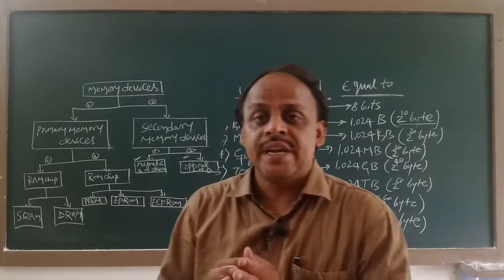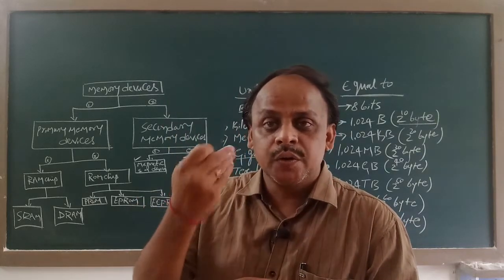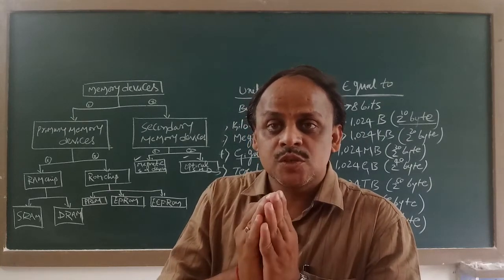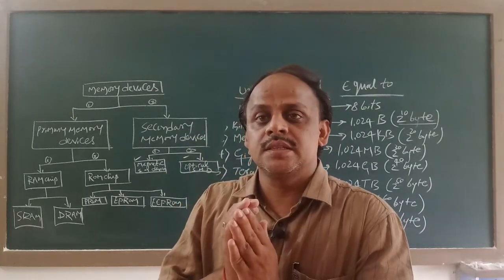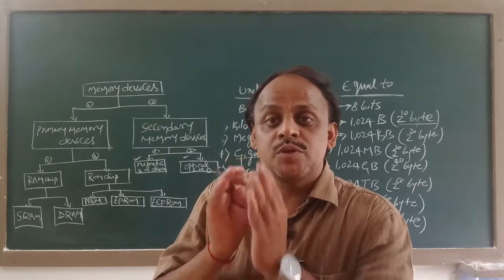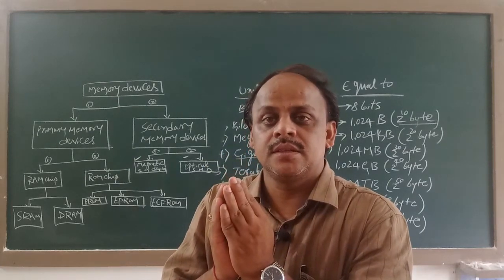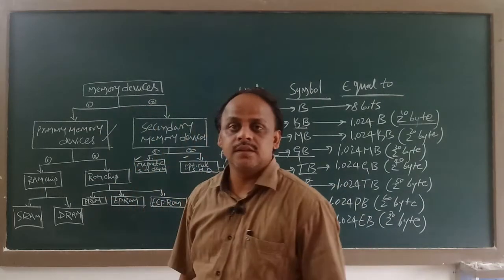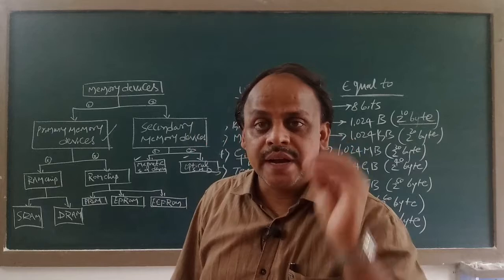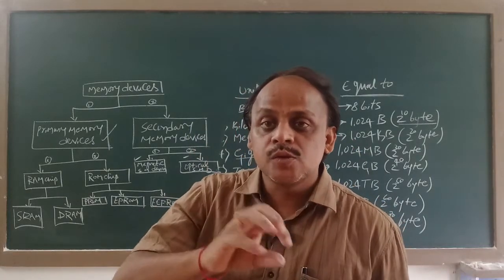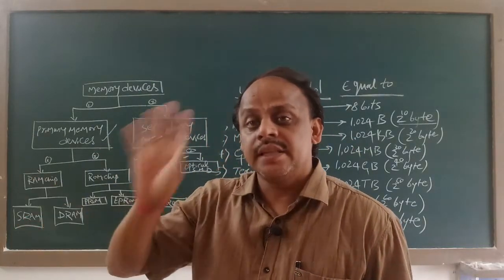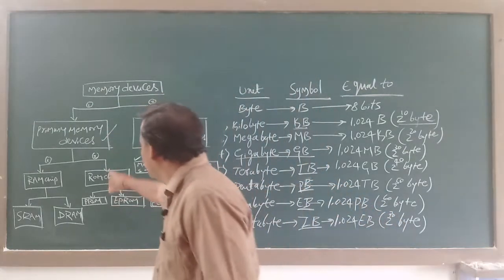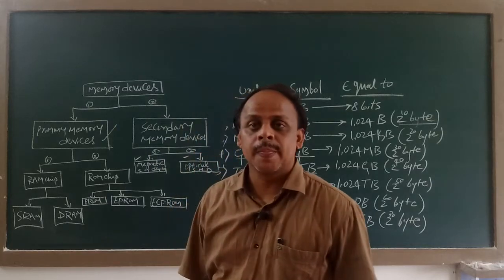Whenever the user enters information, and that information goes for processing, it is going to be stored in some place. That is called primary memory devices. So whenever the user enters data and that data goes for processing, it is stored in some place. That is called primary memory.